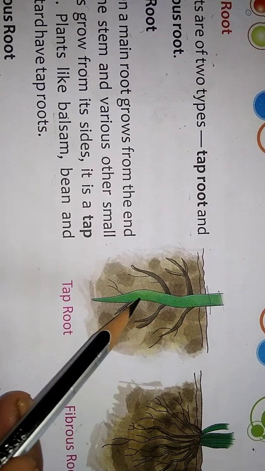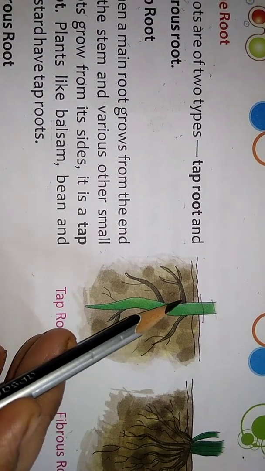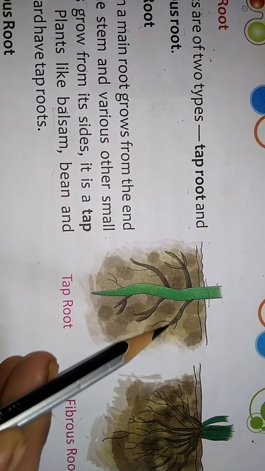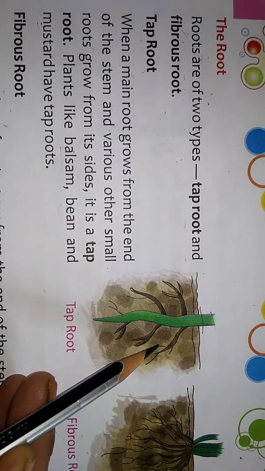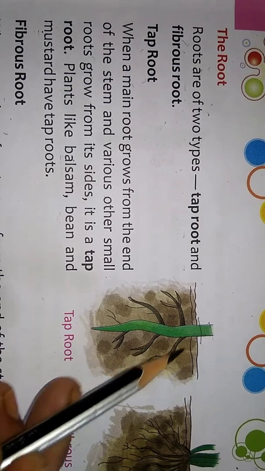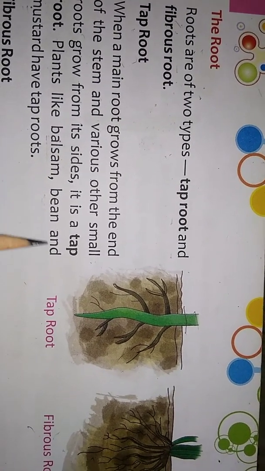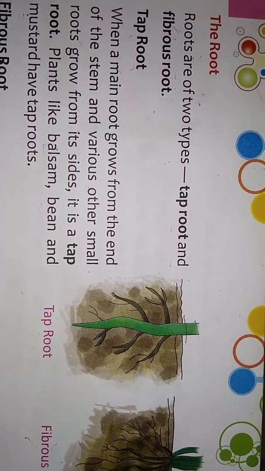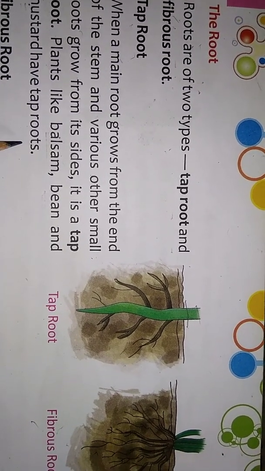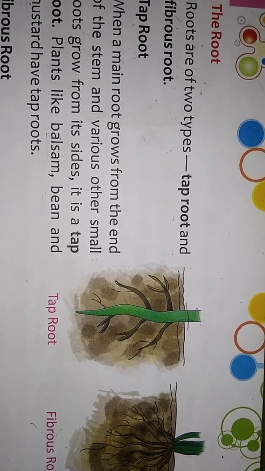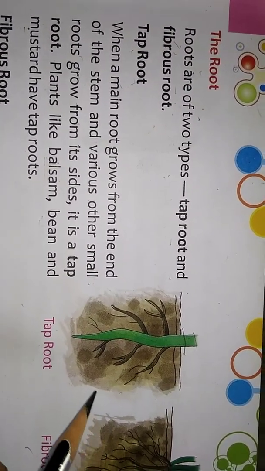From the stem, the side roots came. This type is known as a taproot. Balsam, bean and mustard have taproots. These three types of plants have the taproot.